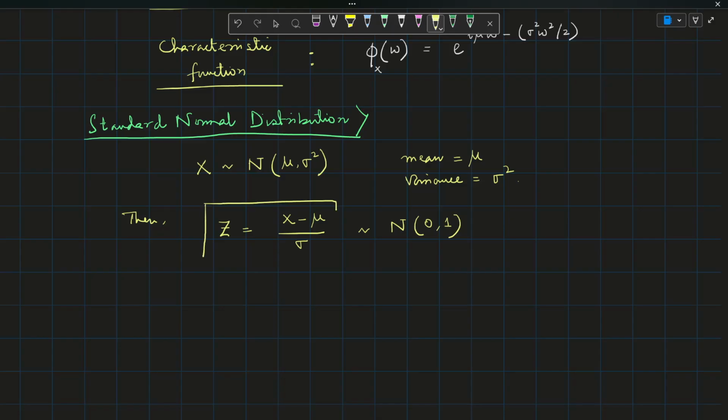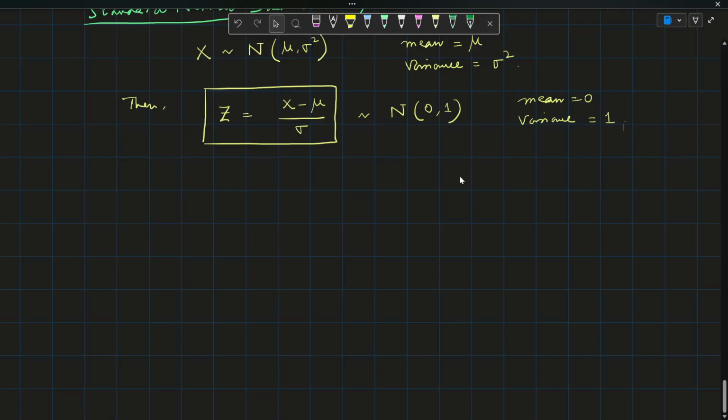So this z equal to (x minus mu) by sigma has mean 0 and variance 1. That is why it follows normal 0, 1. So the parameters are 0 and 1 for a standard normal distribution.